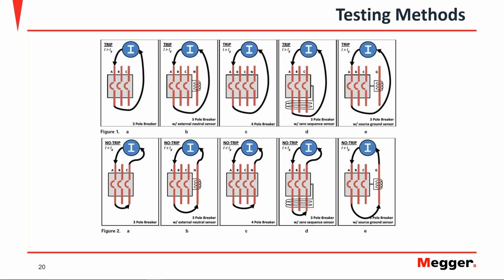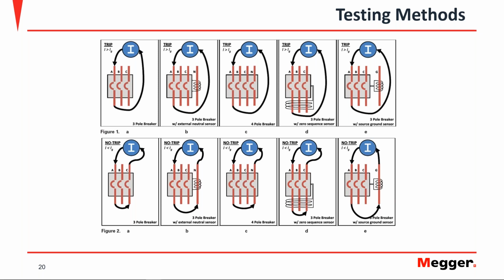And for the not trip, you'll have to connect a jumper in between two phases. And I'm of course showing here the different connections depending on the type of sensing configuration that you have for your circuit breaker.